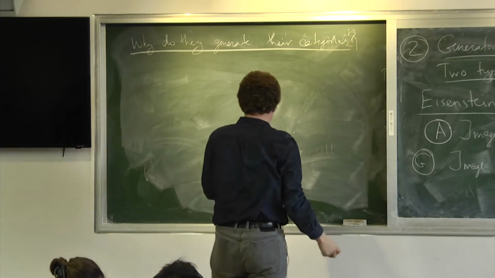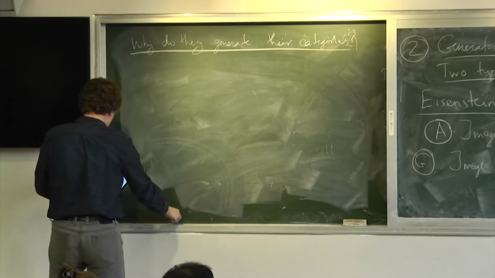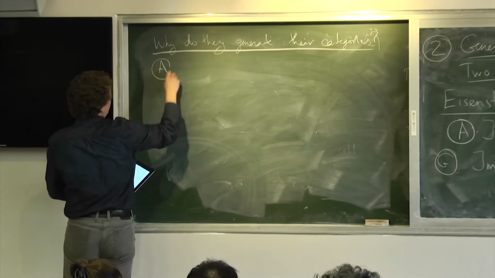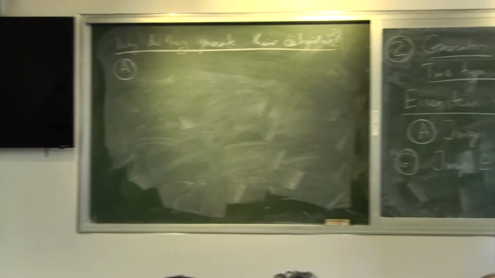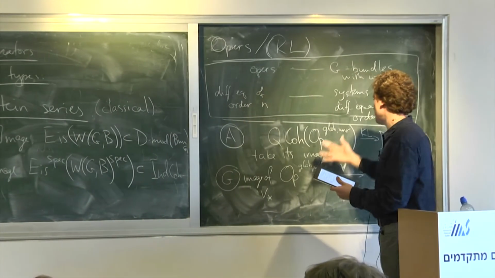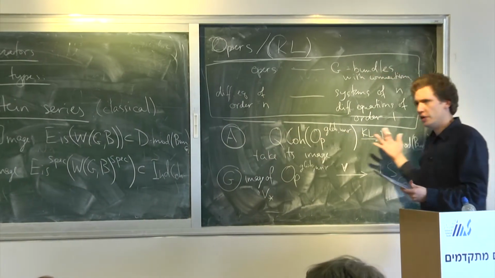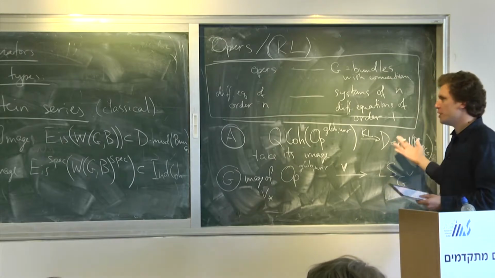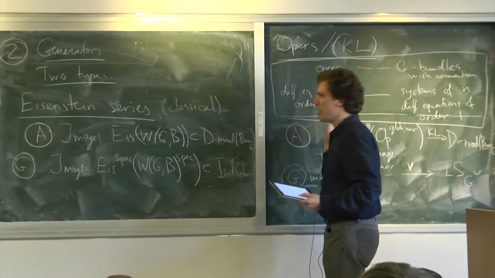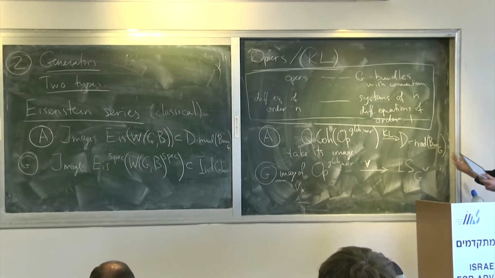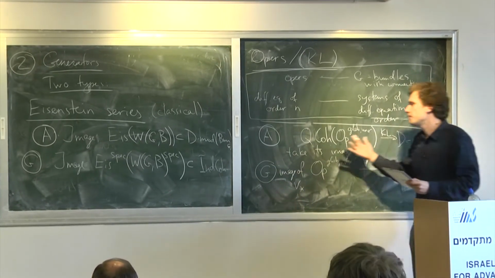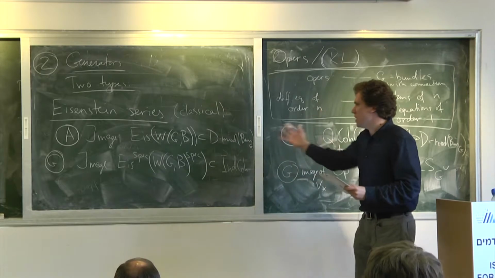So on the automorphic side, now I have Eisenstein series and I have these strange objects. Somehow the point is that these two types of generators are of very different type, so it's sometimes hard to make them work together, but not very hard in this case.